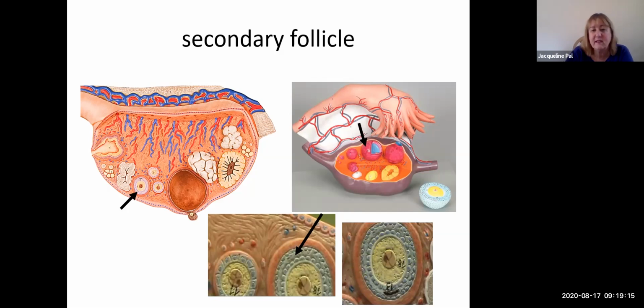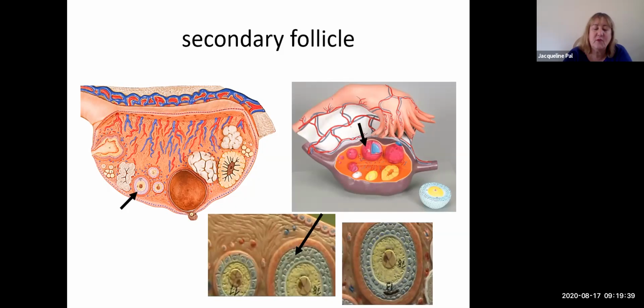In the secondary follicle, the fluid that each individual cell is producing starts accumulating, and that's what this little black line represents: fluid starting to collect, which is going to be this blue substance in the middle of this cell.